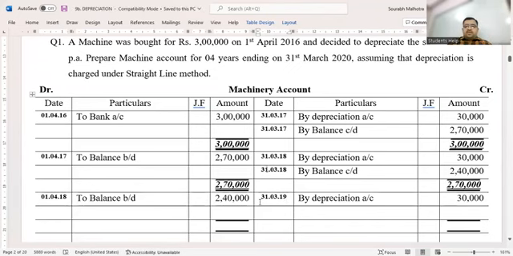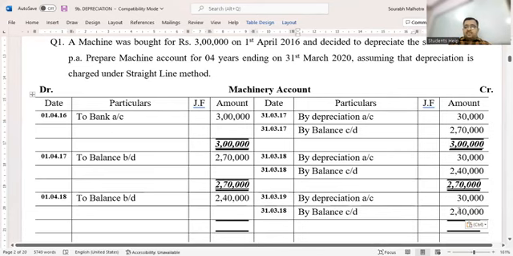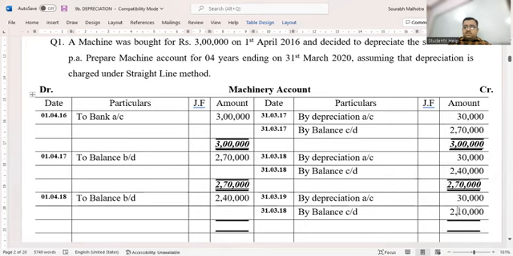And children, which side again is short? Credit side. So what should we write on the credit side? By balance carried down, and the value would be 2,10,000. 240 minus 30 is 2,10,000.